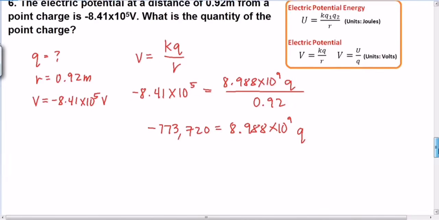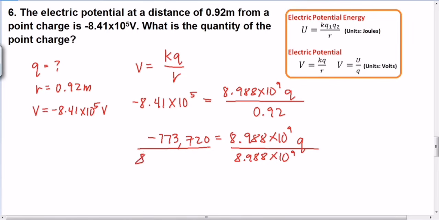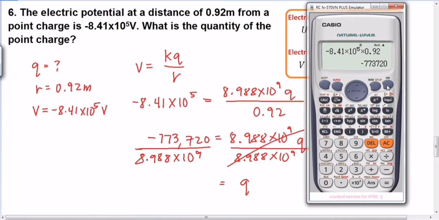Ngayon, may kasamang number si Q. So, what will you do? Di-divide nyo para ma-cancel. Di-divide ko ngayon sa 8.988 times 10 raised to 9 both sides para ma-cancel siya dito sa kanan, ang matitira ay si Q lang. Again, yung mga walang fraction na calcu, lagyan nyo ng parenthesis sa taas at sa baba, kasi division yan.